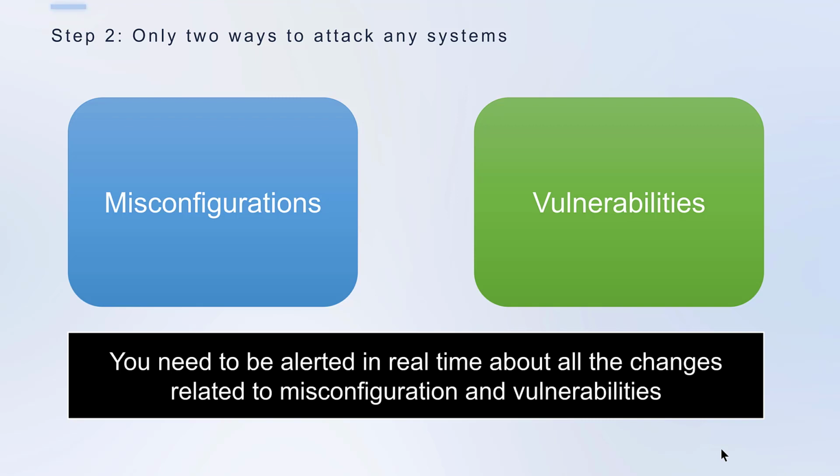I'm talking about having something which provides information in real time. Because if you have a new misconfiguration, a new vulnerability, or a latent malware somewhere, you will be under attack during the next 2 or 3 hours. Hours, not days, not months.